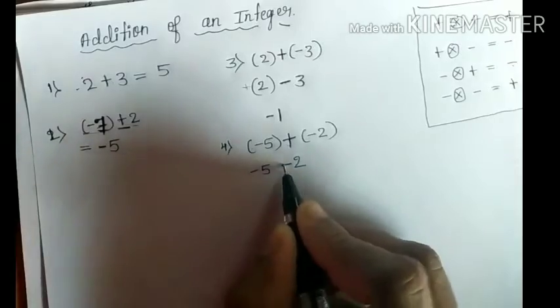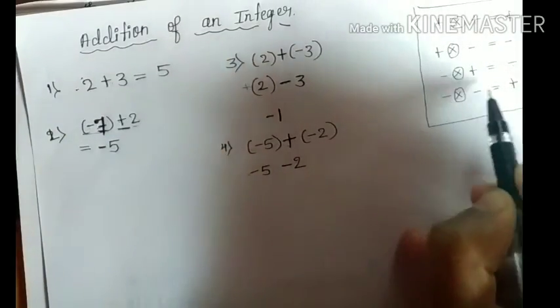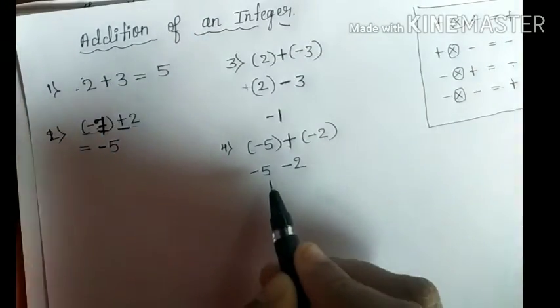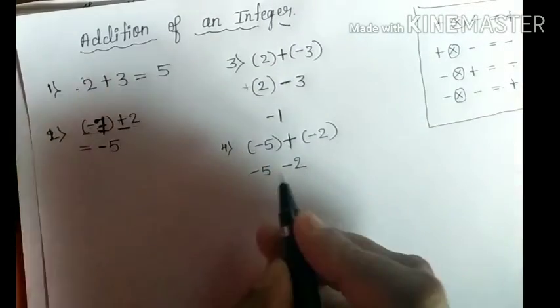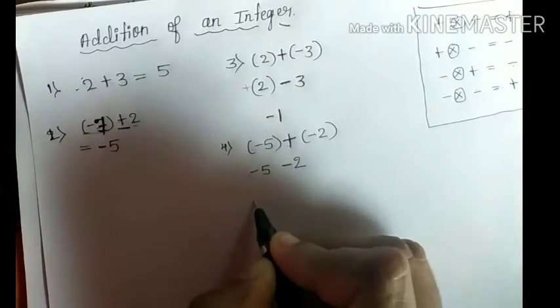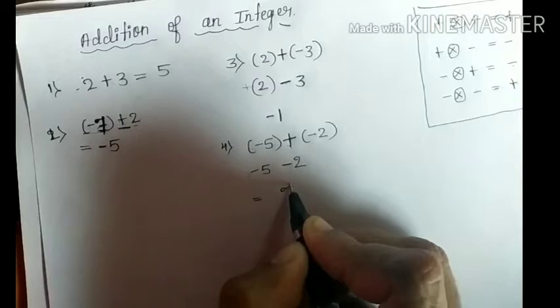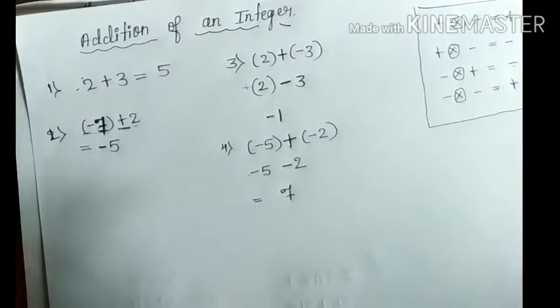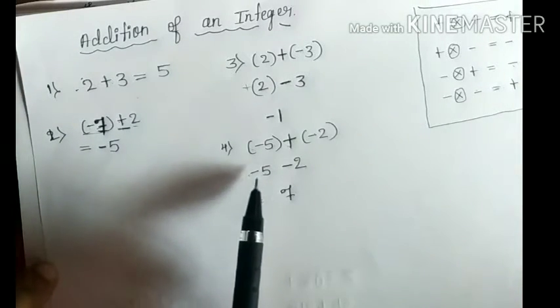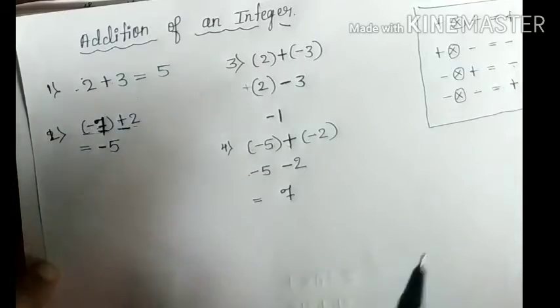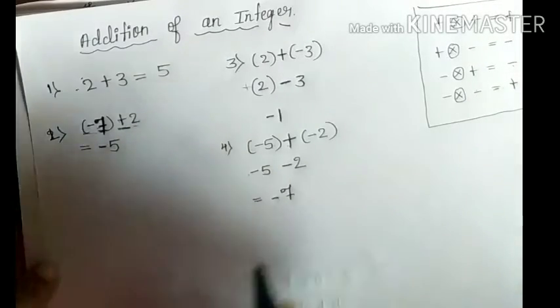Then minus minus, what? Minus minus is plus. What you have to do? Plus means you have to add these two numbers. What is coming? 7 is coming. So the highest number having which sign? Minus sign. You have to put the minus sign. I hope that all of you are clarified about the addition and subtraction of an integer, right?